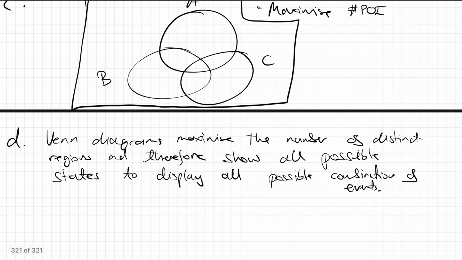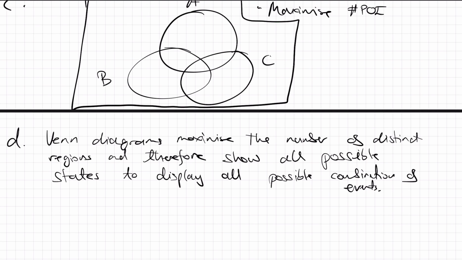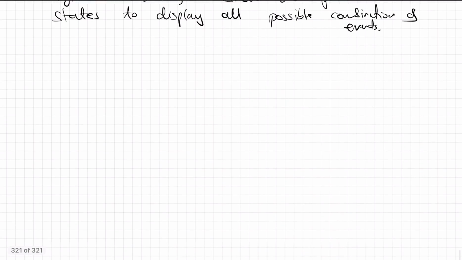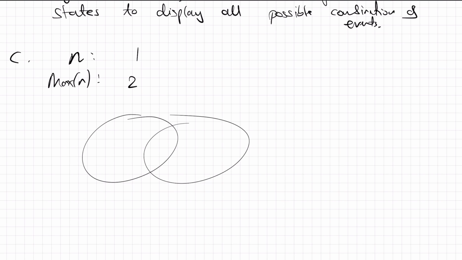Okay, and how can I get this formula? Let's just think about this empirically. When the number of circles is 1, the maximum number of regions is going to be 2. When n is 2, the maximum number of regions is 1, 2, 3, 4.